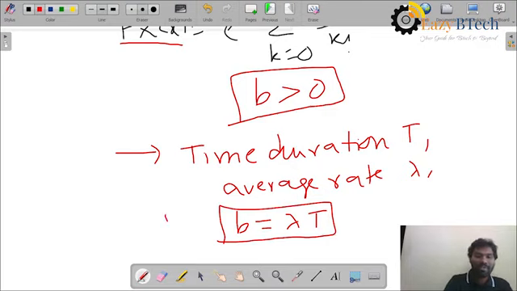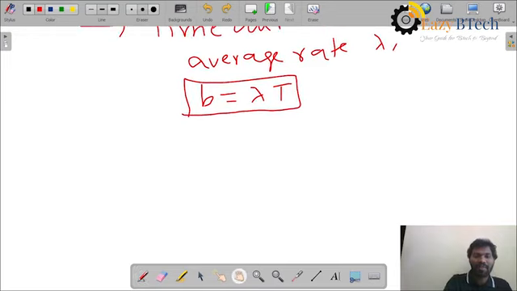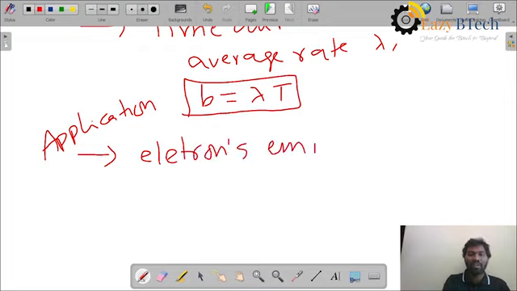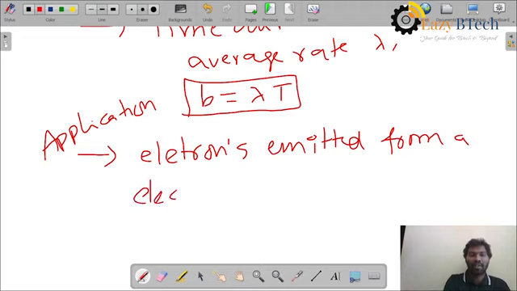Now what are the applications of this Poisson random variable? It is mainly used for counting purposes. That means you can find out the number of electrons emitted from an electron gun in a given duration.